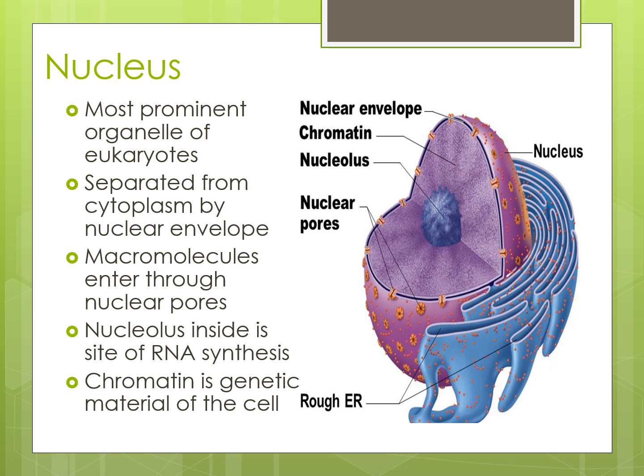So this is where that central dogma of DNA transcribing into RNA is going to occur, and then the RNA is going to escape through those pores of the nuclear envelope, and then go through the process of translation in the cytoplasm, but outside of the nucleus.